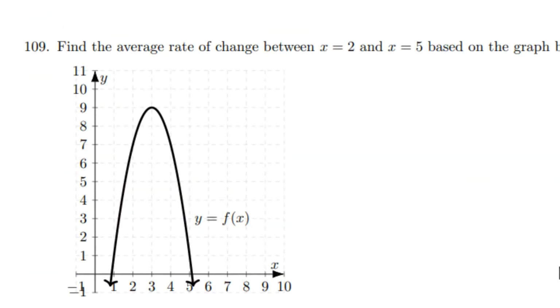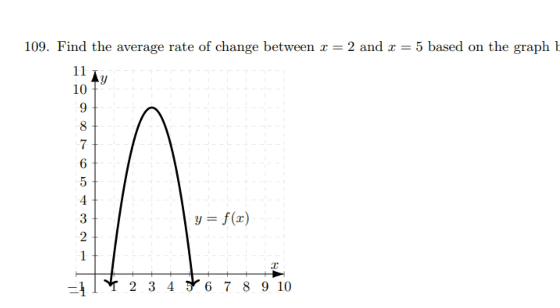Okay, question 109. Find the average rate of change between 2 and 5. Okay, so this is some parabola looking function, and I'm just making a sketch of it here.